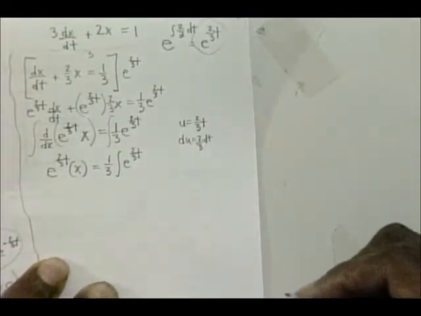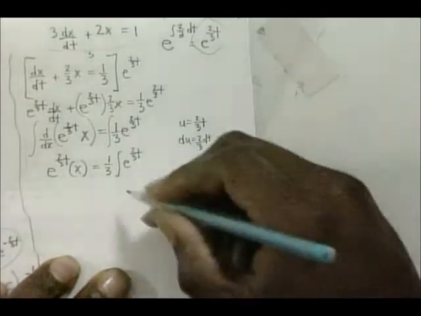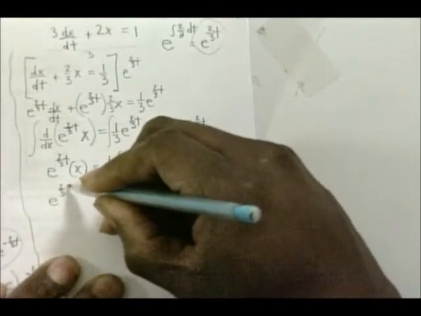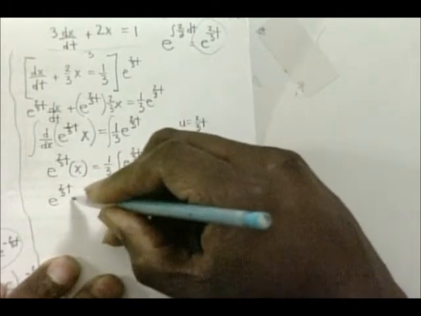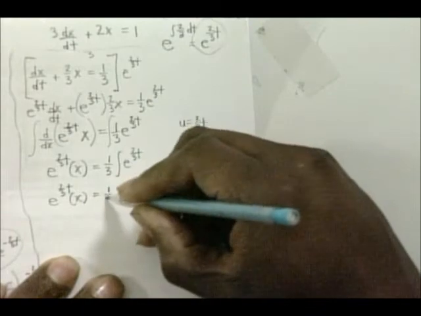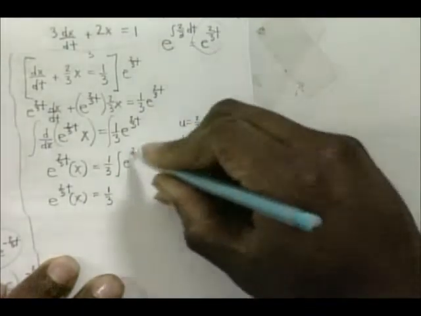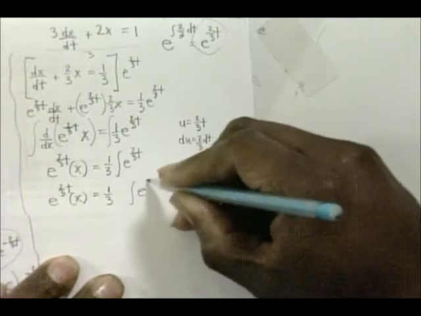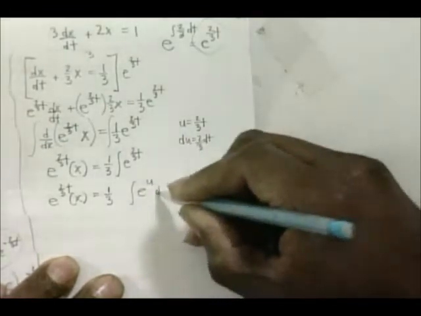So let's rewrite this. We end up with e to the 2/3 t times x is equal to 1/3, the antiderivative of e to the u du.